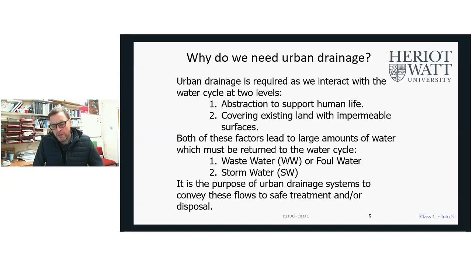Whenever we build, that interrupts these processes, both in the immediate way and also because we abstract quite a lot of water from that water cycle to support lives and commercial activity. So we have to think about how we manage that process. Urban drainage really is about how urban developments interact with that water cycle, and also about how we protect the environment when doing so.